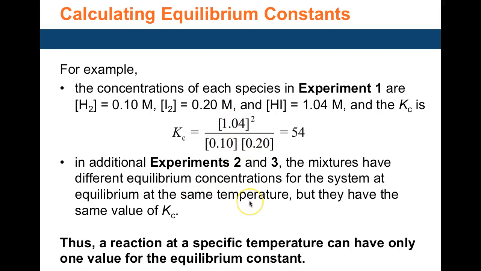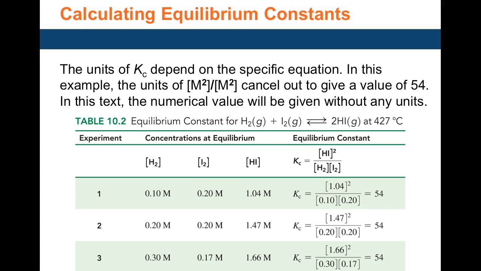However, if the temperature is kept exactly the same, then this Kc value, it's a constant, it will not change, okay? That's what you see here. You have different values for the concentrations of hydrogen, iodine, and HI, all right? Different numbers. However, because the temperature is maintained at 427 degrees centigrade, the Kc values are all exactly the same, 54, all right?